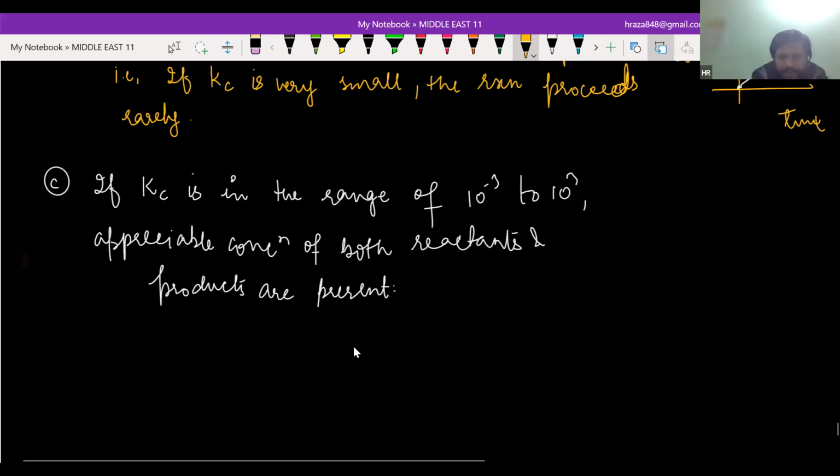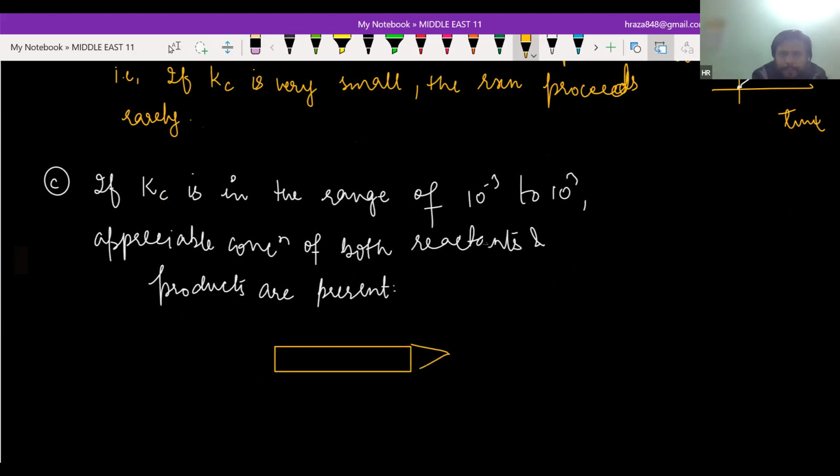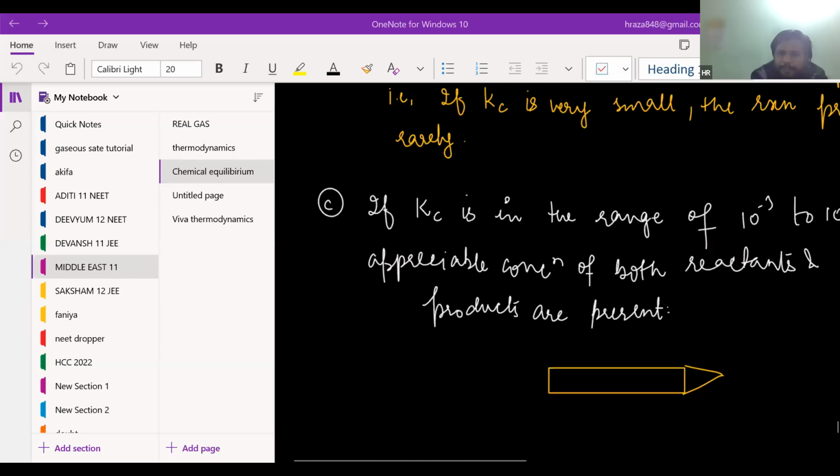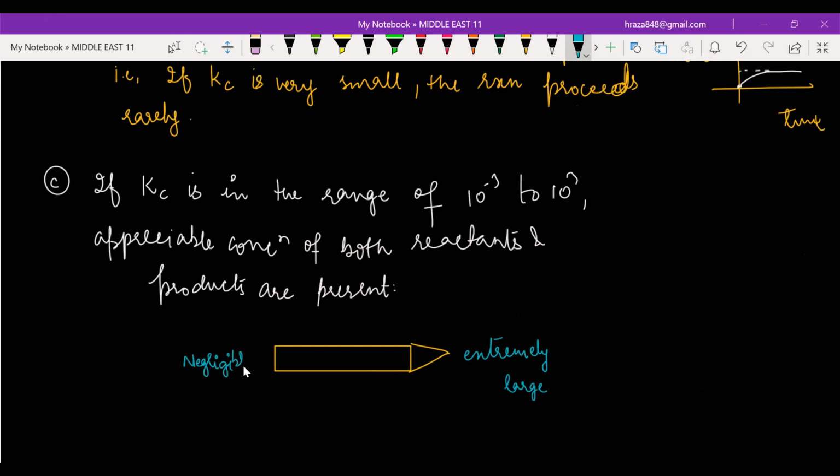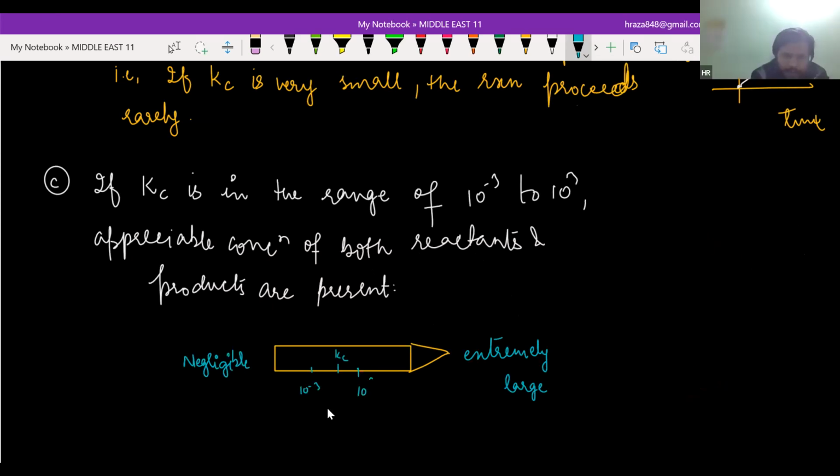So in NCERT 2, it is given like this. This arrow represents the value of Kc. I can write this as extremely large. Everyone can see the screen? Yes, sir. This is Kc, and here it is 10 raised to the power minus 3. Here it is 10 raised to the power 3.